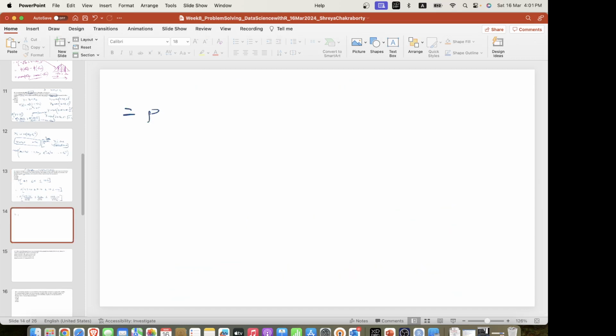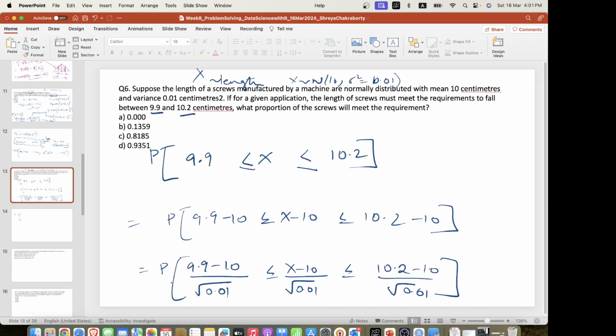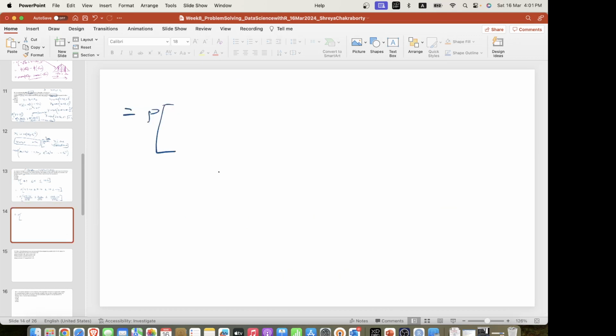So 9.9 minus 10 would be minus 0.1, by 0.1, less than or equal to z less than or equal to 0.2 by 0.1.